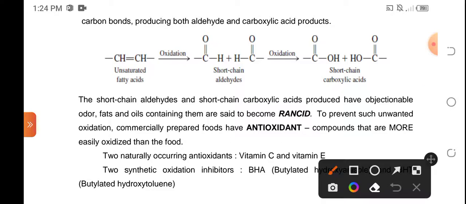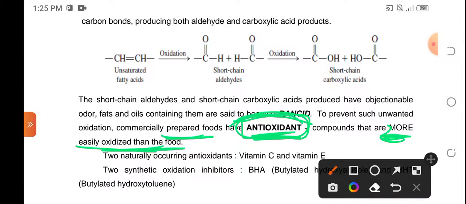And to prevent such unwanted oxidation, meron naman tayong dinadagdag para sa ating prepared foods at ang tawag natin dyan ay antioxidants. We add these antioxidants to foods so that oxidation will be prevented. Pag sinabi nating antioxidants, these are the compounds that are readily or more easily oxidized than food.